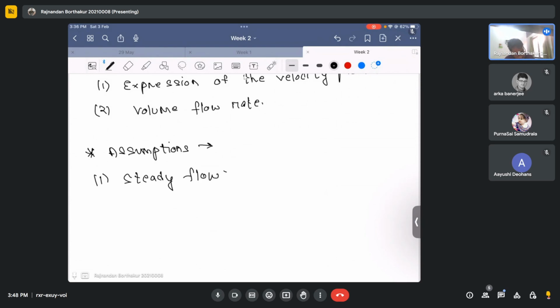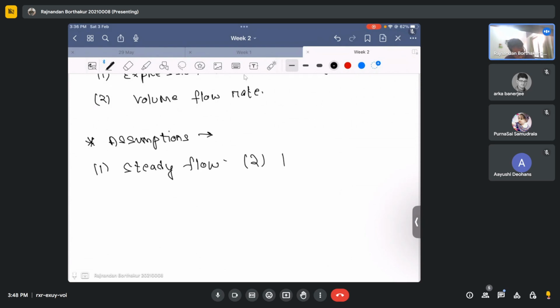Then we say that the flow is fully developed. We will see the consequences of this fully developed assumption. Third, we say that the flow is incompressible.